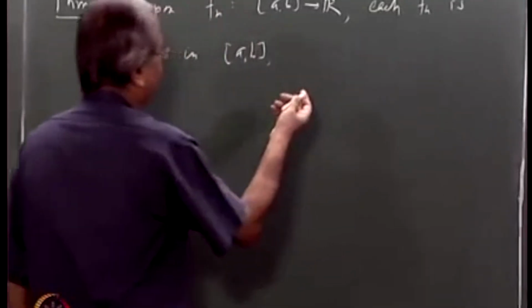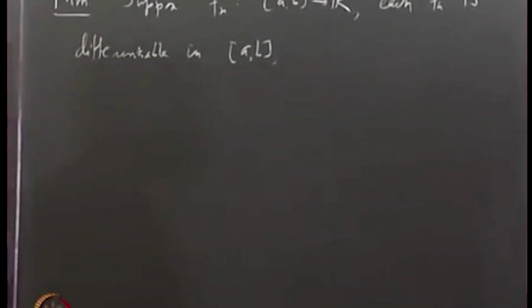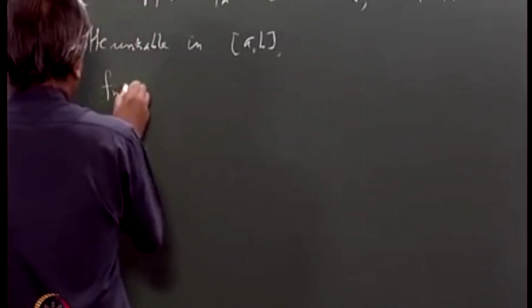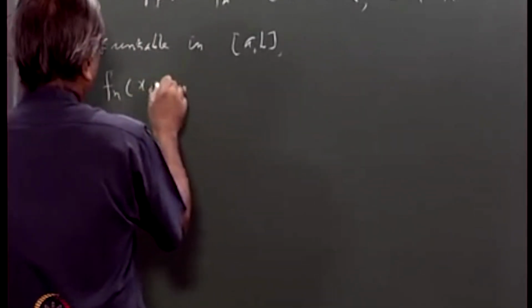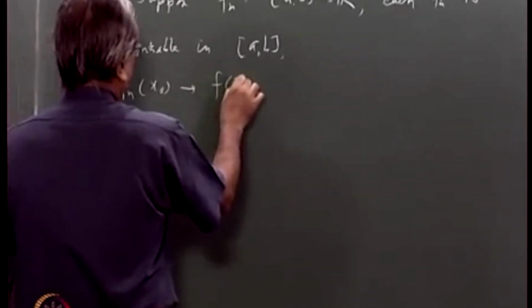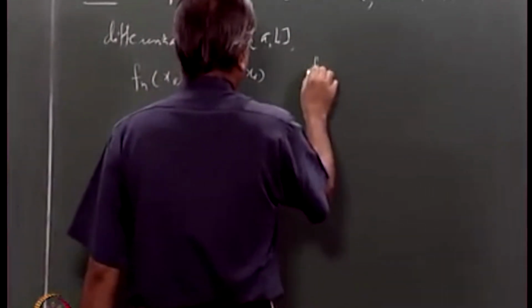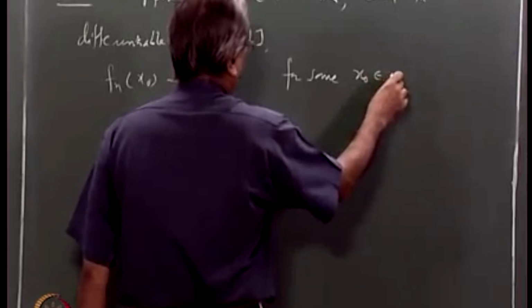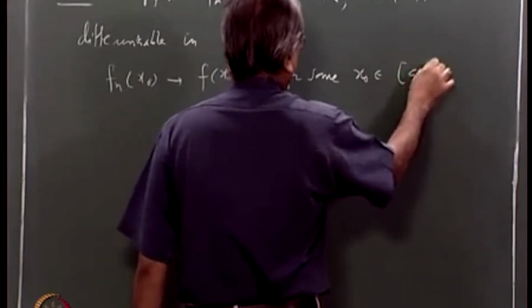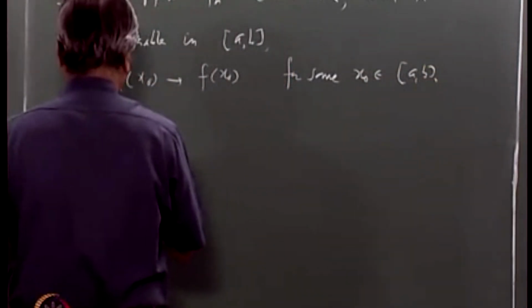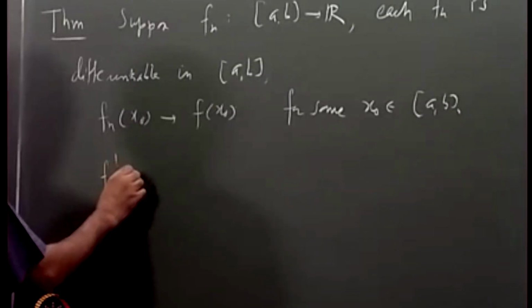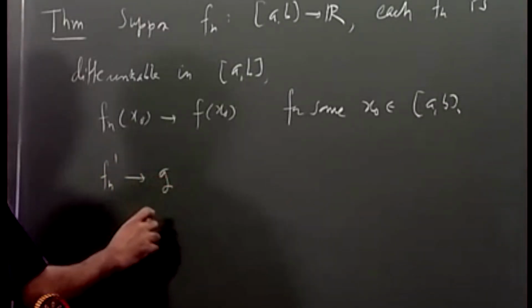For some x naught in [a,b], fn(x naught) converges to f(x naught), and fn prime converges to g uniformly.